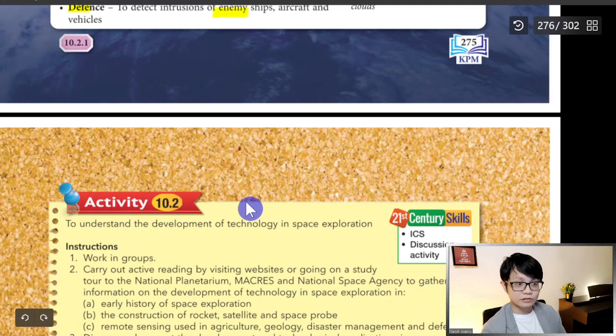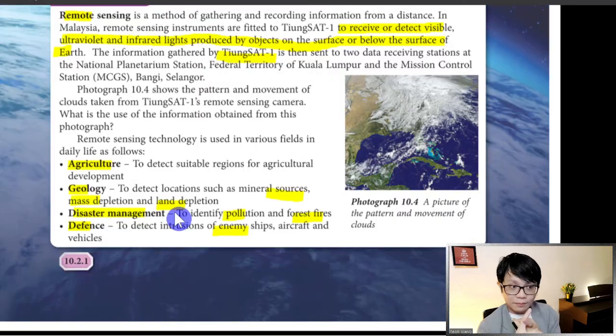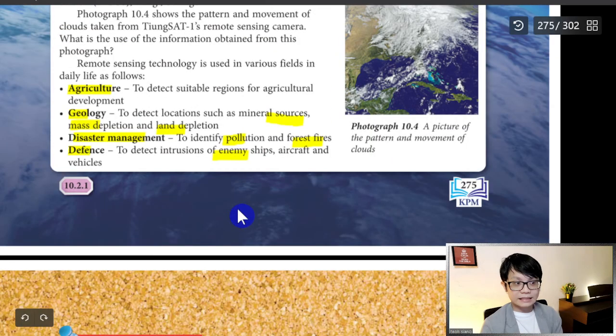Okay, but you need to explain a bit, and since it needs two, you just give two examples. For example, disaster management: one is pollution, because you need to detect the pollution, one mark, and another mark because you say there's fire. So that is here.